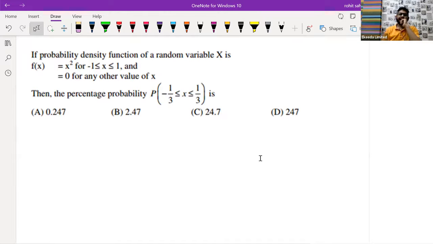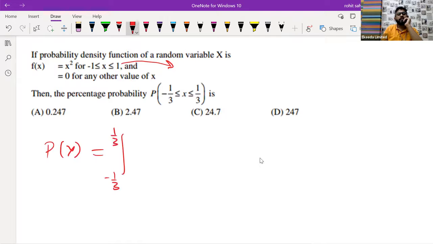Right? -1/3 to 1/3 will completely fall into this first category. So this probability of y, I'm writing it y again, -1/3 to 1/3, f of x is x square dx. Now x square is an even function, so let's use the property and write 2 times. It's not necessary, but if you know the property, use it.